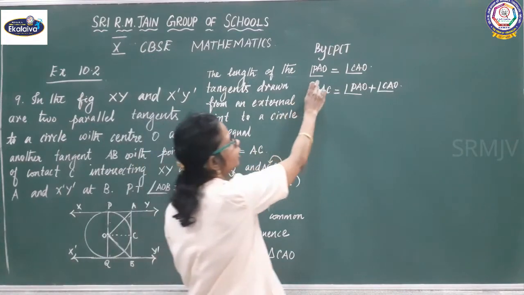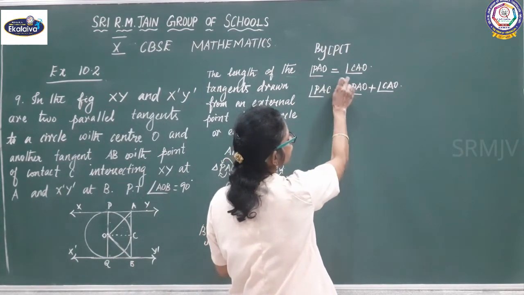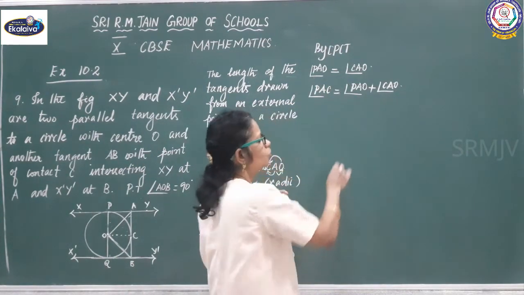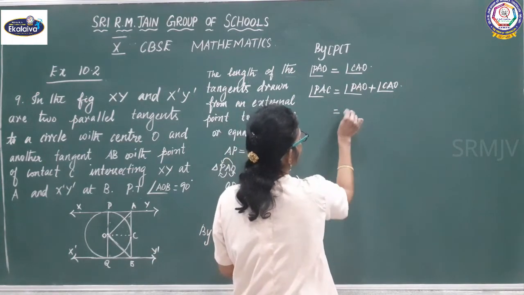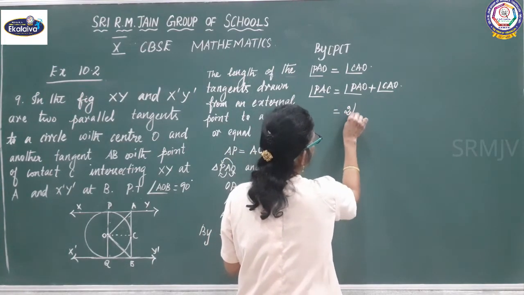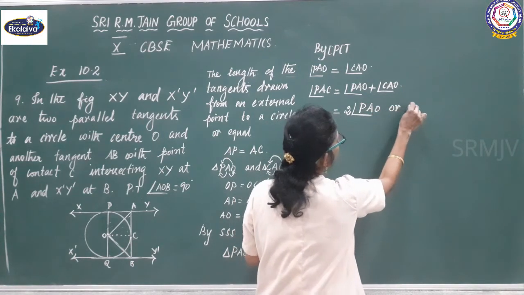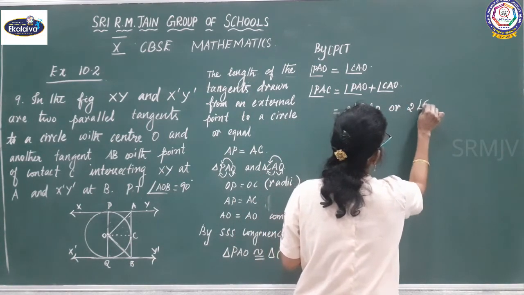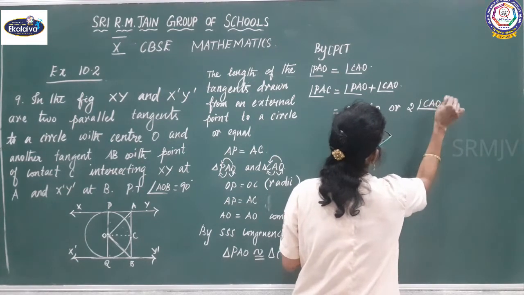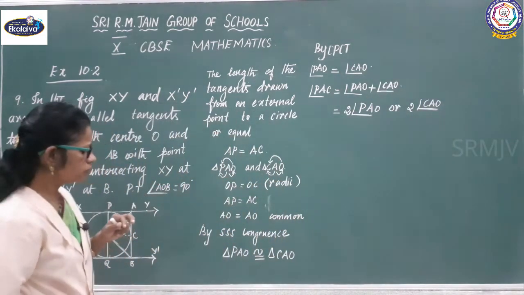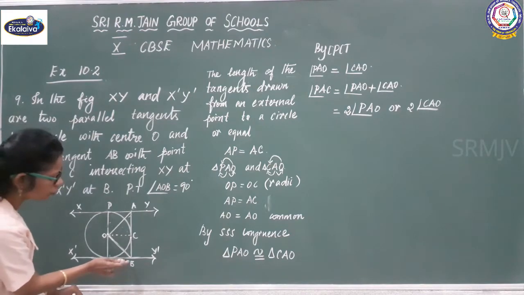What you proved here? Angle PAO equal to angle CAO. So, which is equal to 2 times angle PAO or 2 times angle CAO. Got it? Now we pass on to the next point.